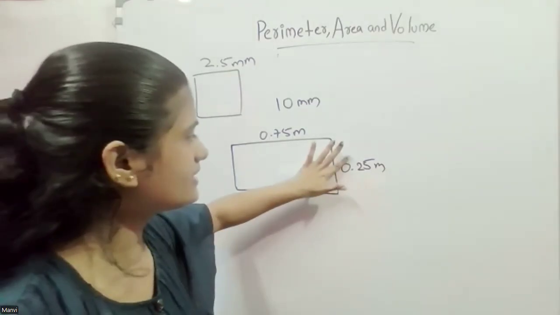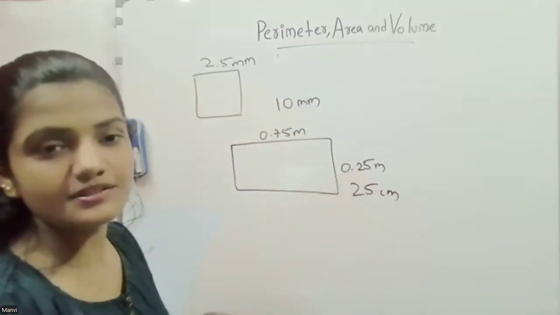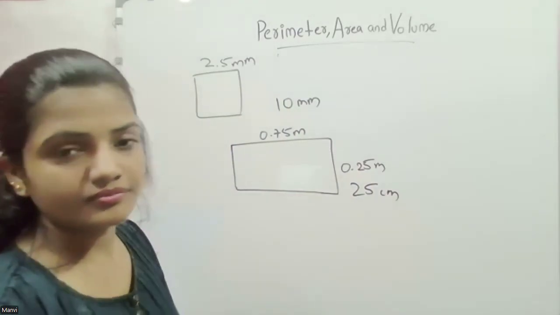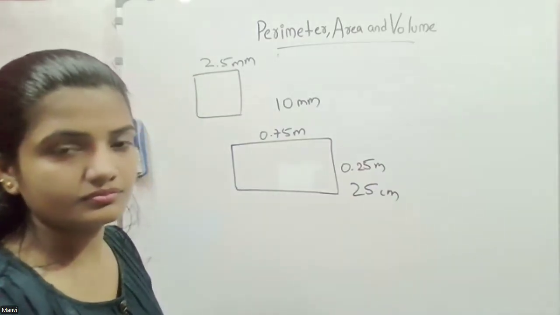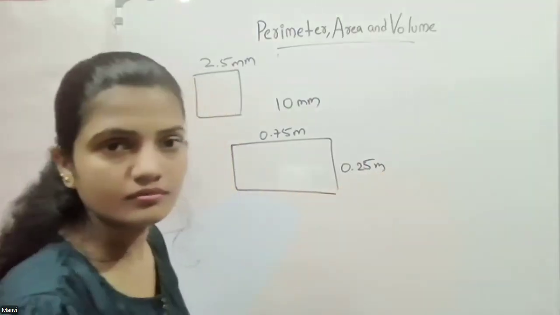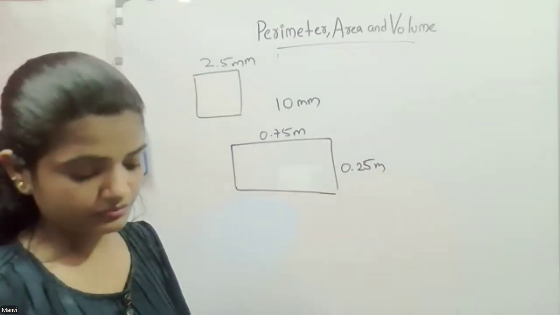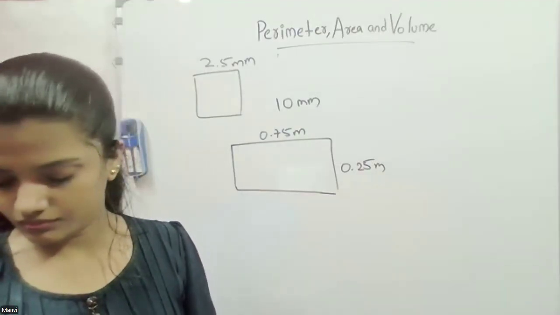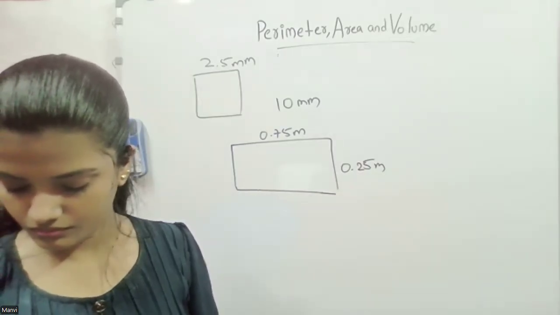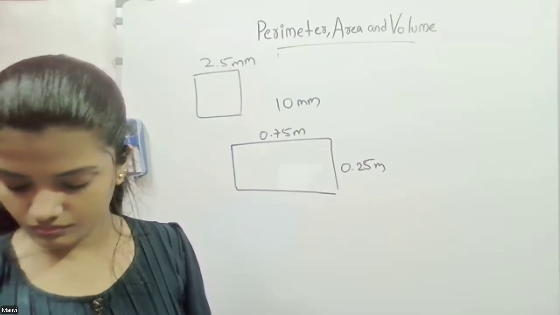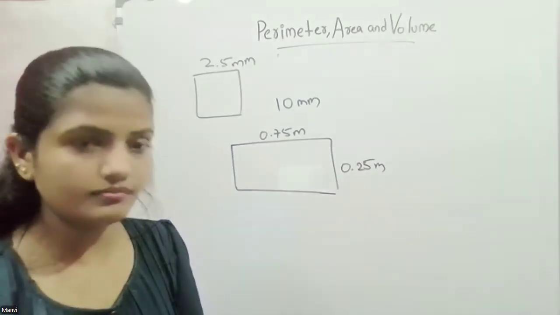For example, they just say 25 centimeter, and you know that 25 centimeter is actually 0.25 meter. Is it 2 meters? Very good.